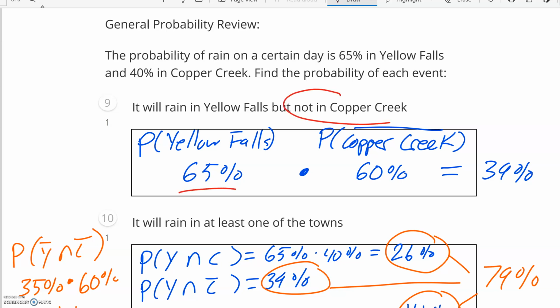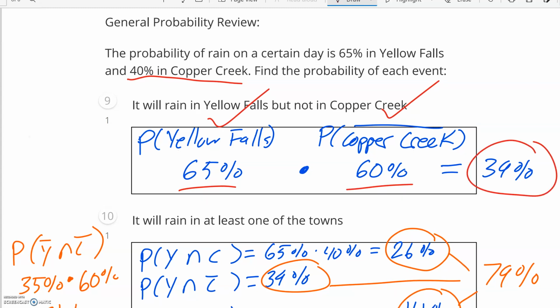For not Copper Creek, the idea is if there's a 40% chance of raining in Copper Creek, then not Copper Creek would just be 60%. So the probability of it raining in Yellow Falls and not raining in Copper Creek, you just multiply those 2 percentages together and you'll get your 39%.